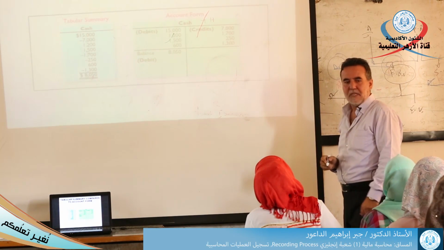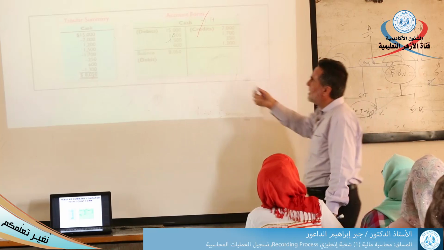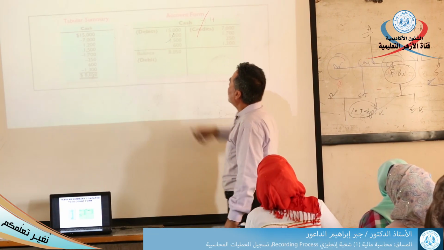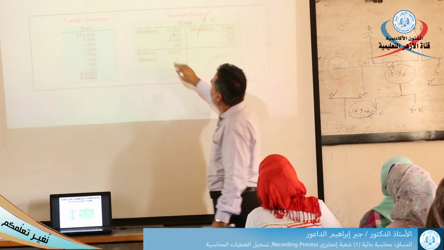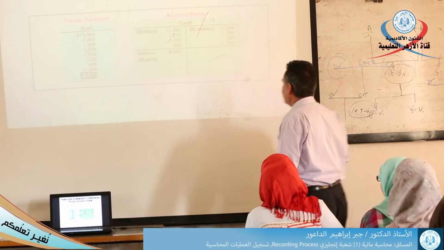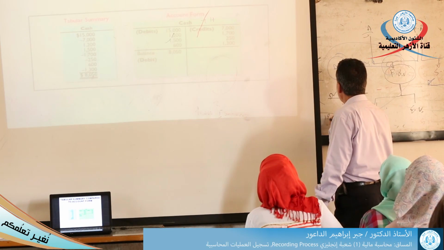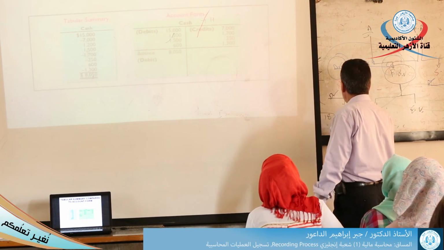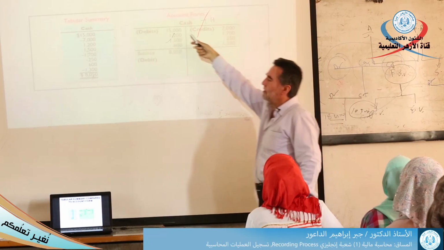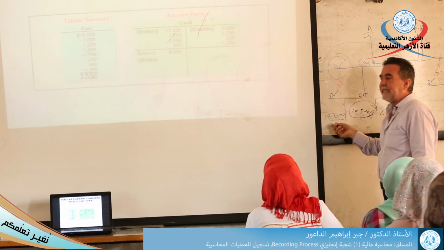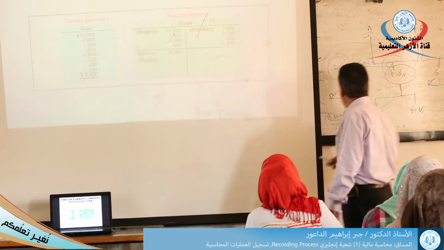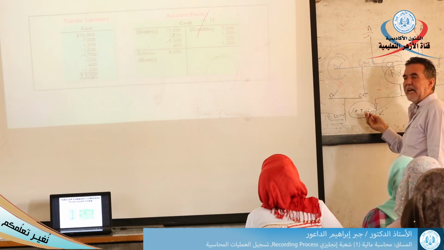التوتال المجموع التوتال. This side 15, 16, 17, 18,400. So the total of this side will be 18,400 and the total of the credit side 10,300.